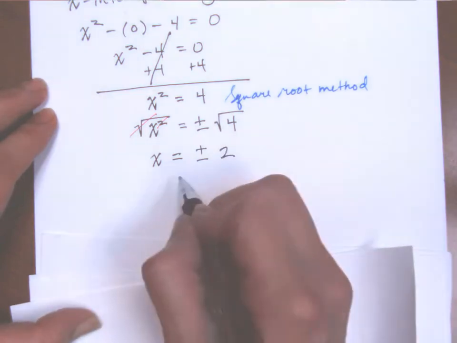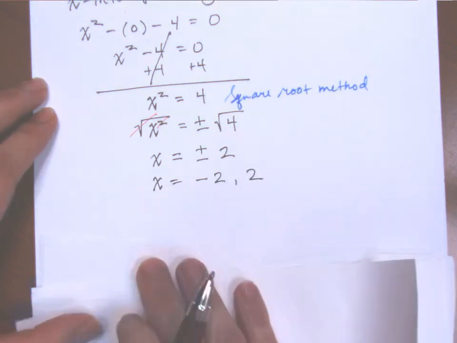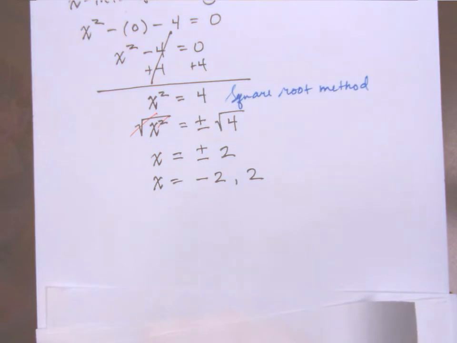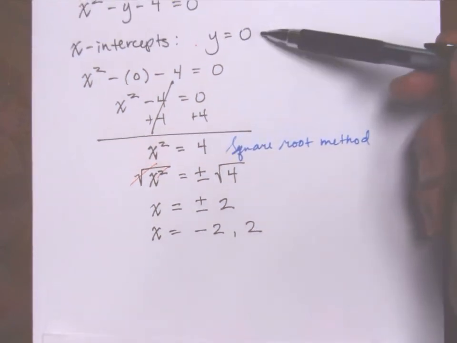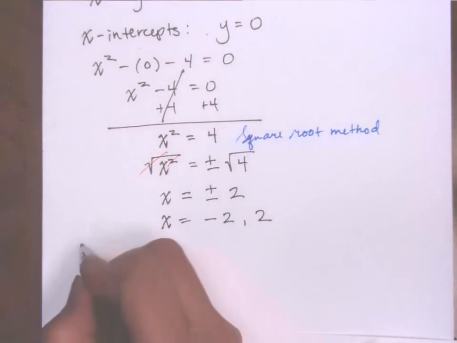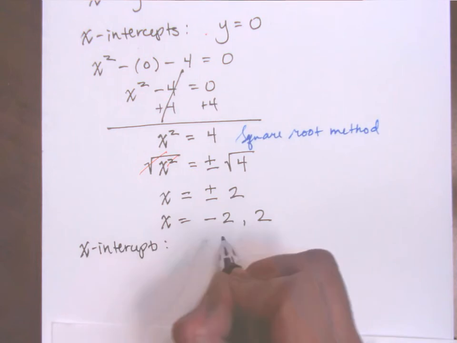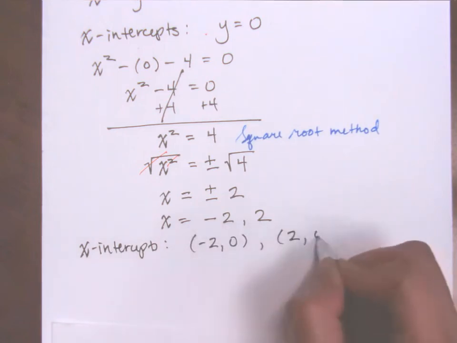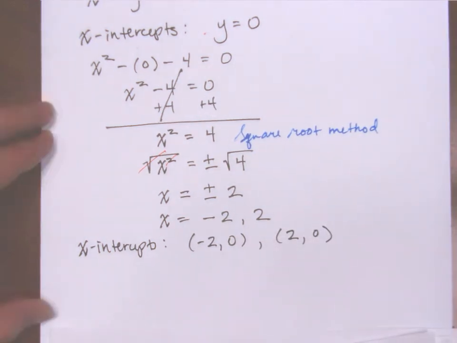And remember, here you're looking at two different answers, negative 2 and positive 2. An intercept, though, is a point on the graph, so we need an ordered pair. So we have our x values, our y value is 0. So my x-intercepts are the points negative 2, 0, and 2, 0. Okay, that's where we're crossing the x-axis.